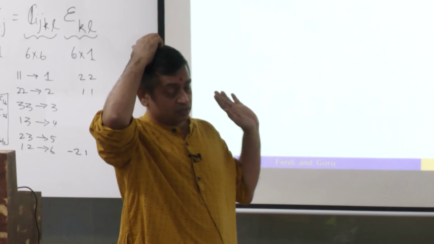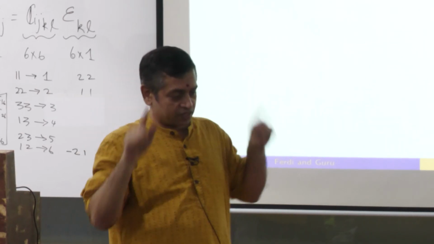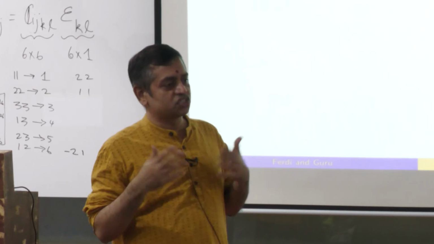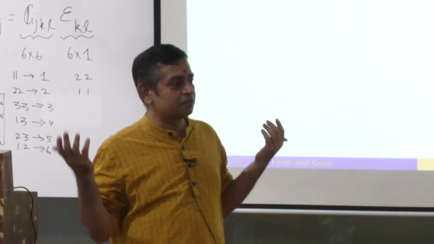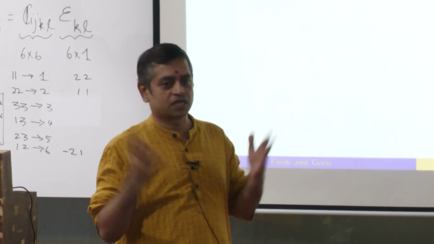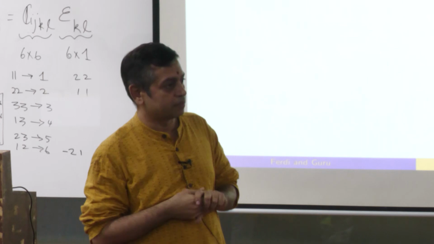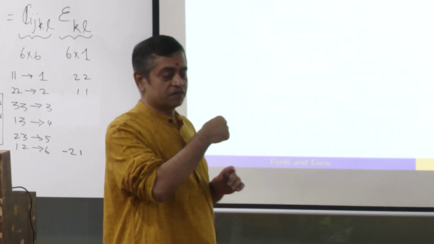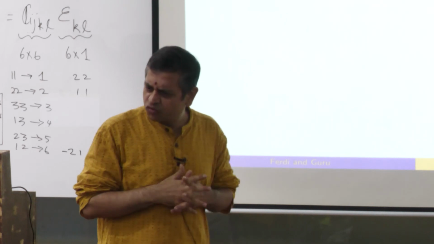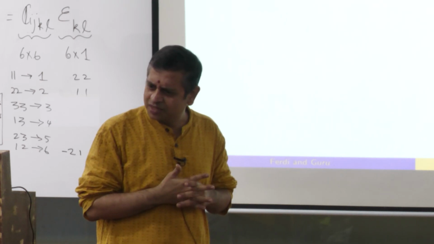Okay. These are the components of the tensor. There are combinations or averages of these which give you what we typically measure in the lab, like Young's modulus, shear modulus, Poisson's ratio, and so on. So you can get them. And in terms of these numbers you can also write, for example, 2 C44 by C11 minus C12 as the anisotropy ratio.